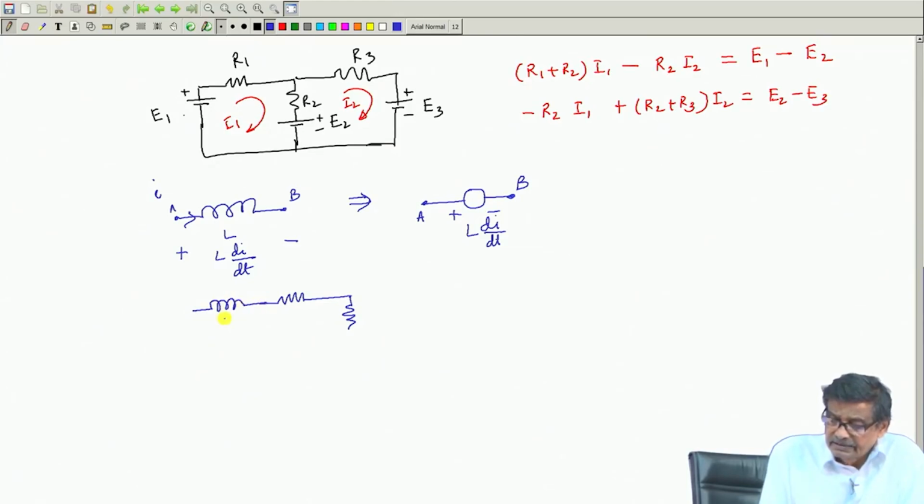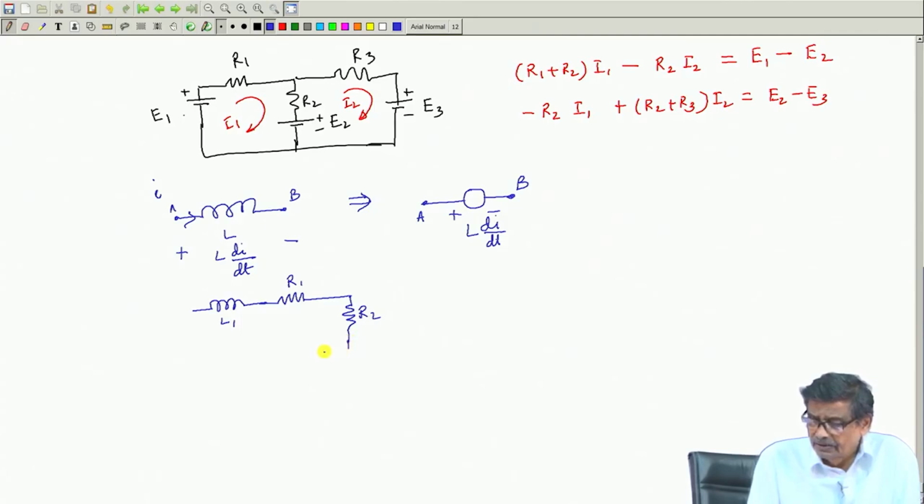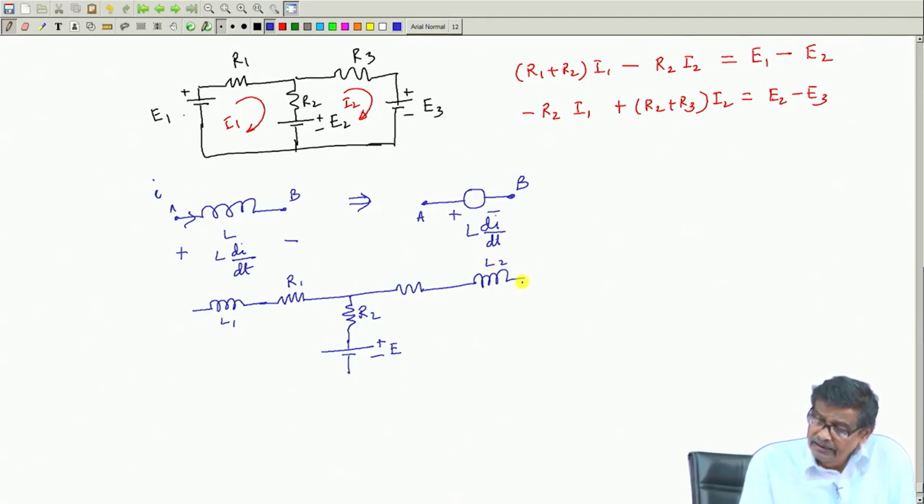Here is an inductance L1, here is an R1, here is R2, and there is a source plus E, and there is another source here, another inductance L2, and another battery, like this.